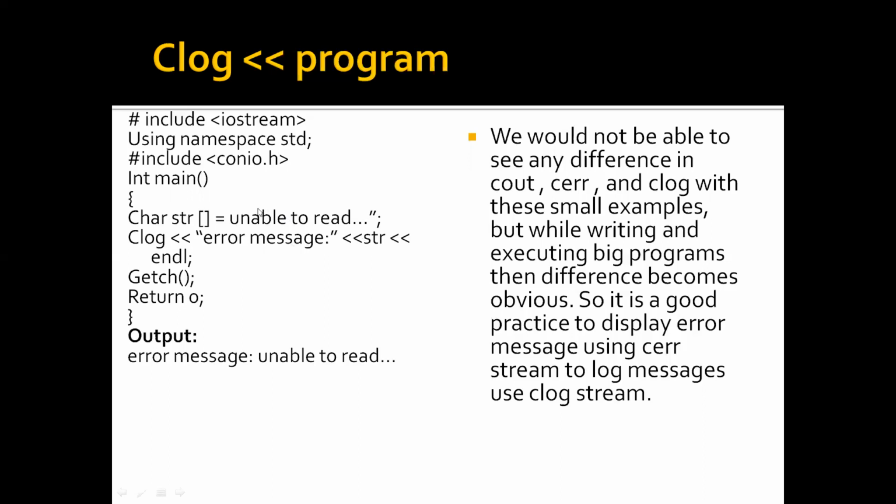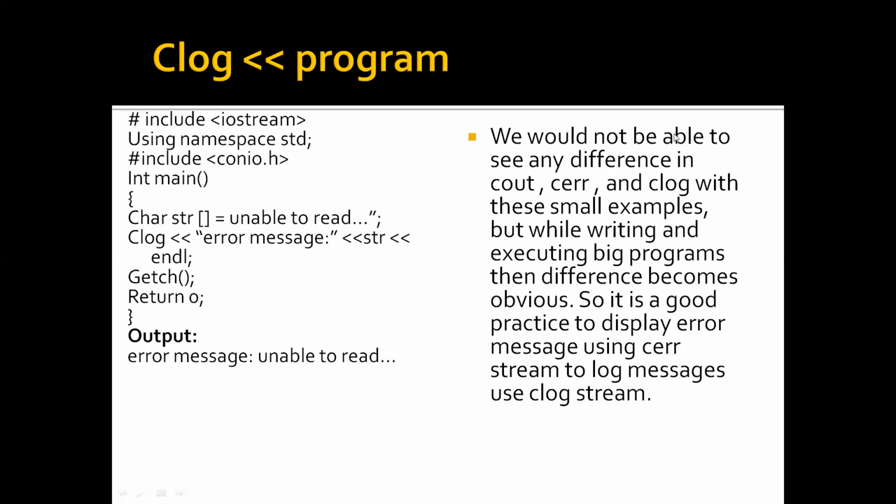The string will be placed in the place of this. endl, getch and return 0. So you'll get the error message unable to read. So when you see this, you have not observed any difference between cerr and clog.